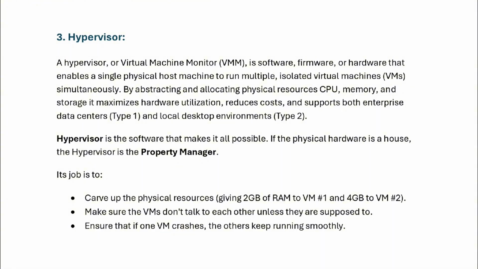If the physical hardware is a house, the hypervisor is the property manager. So what does the hypervisor do? It carves up the physical resources, giving, for example, 2 GB RAM to virtual machine 1 and 4 GB RAM to virtual machine 2.